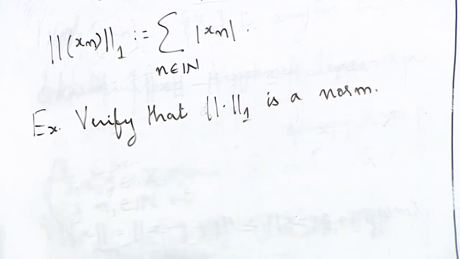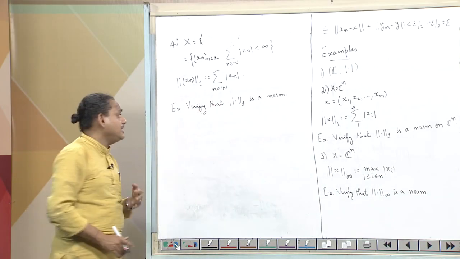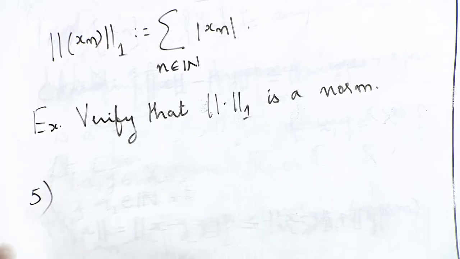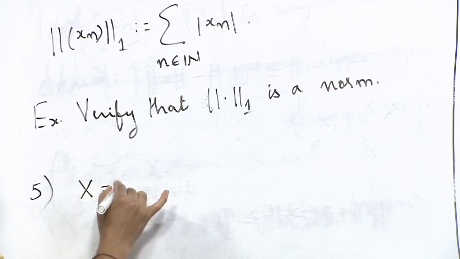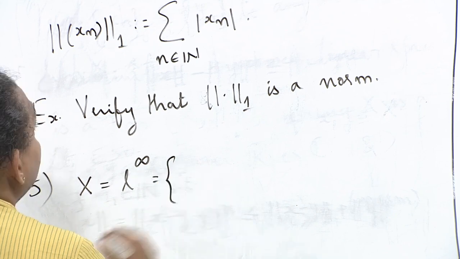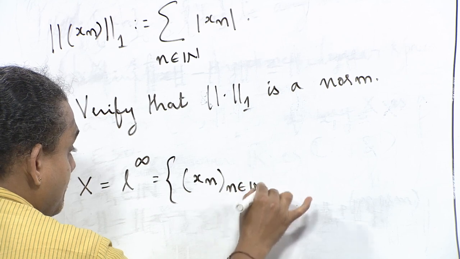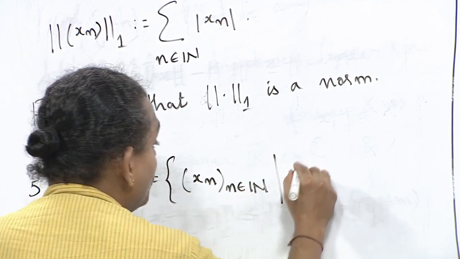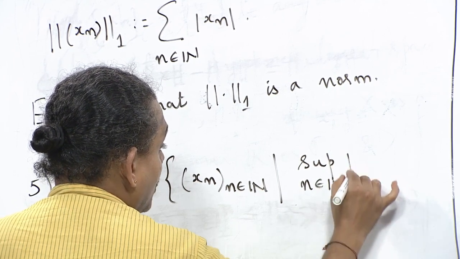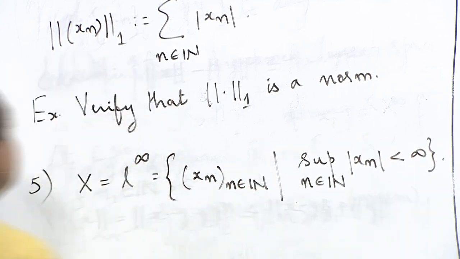on L1. So, a natural question is why can't we do something like infinity? The answer is again yes, but not on L1. Here we will have a different space, what is known as L infinity. The elements of L infinity are all those complex sequences which are bounded, that means supremum over n in N of mod x_n should be finite, right.